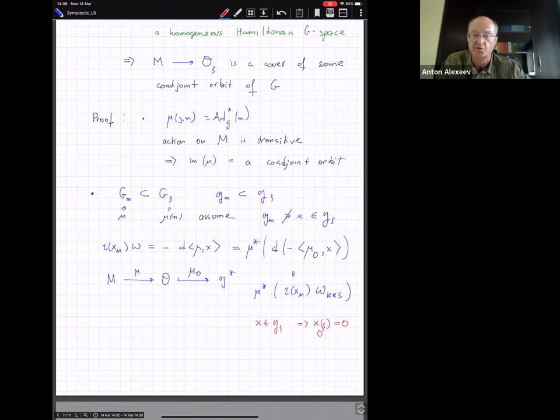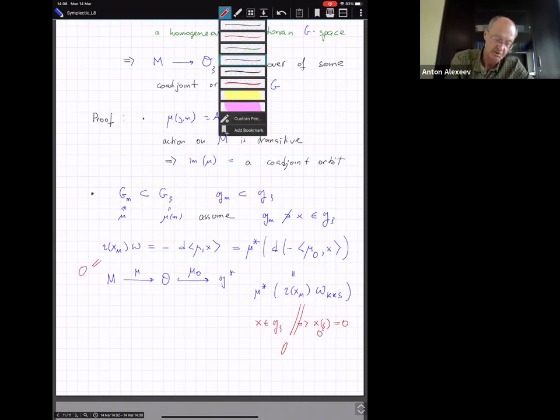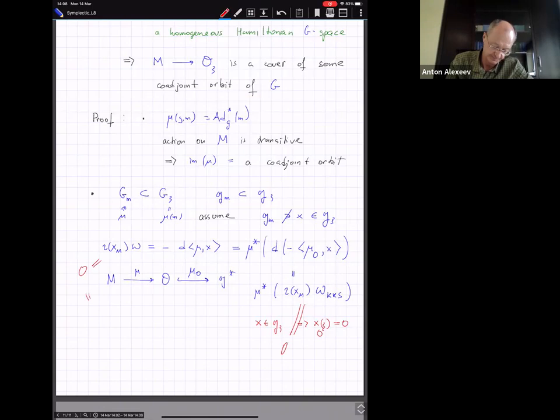An element of the stabilizer by definition doesn't move your point. So this means that this is 0. And this means that this is 0. But this means that X_M at the point m is 0. And this means that X is in g_m.